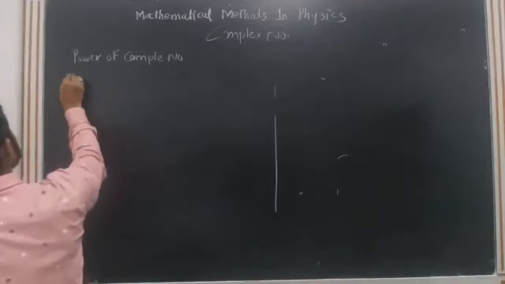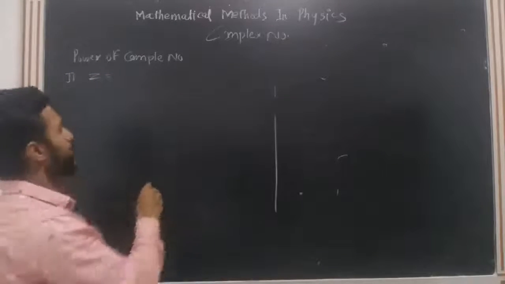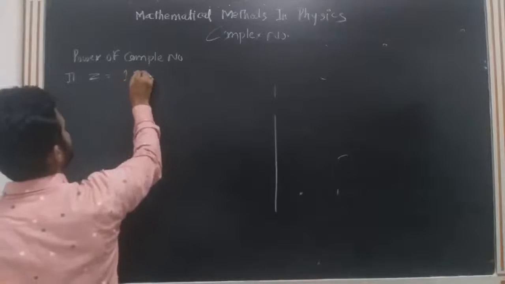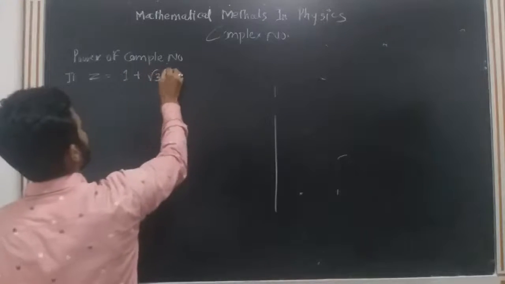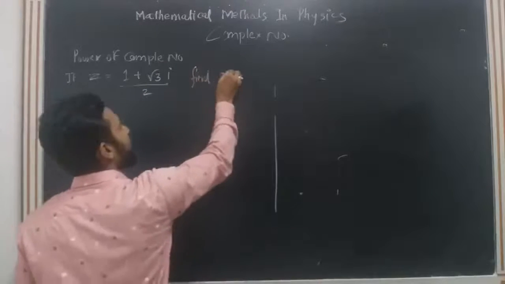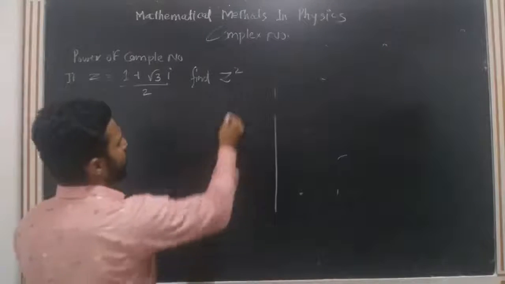If z is equal to 1 plus root 3i upon 2, find z square, z cube.